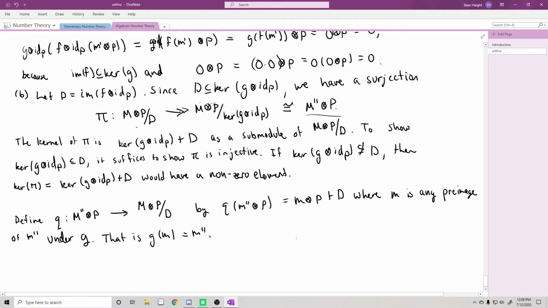So there are a couple of questions, like, why is this thing well defined? I guess first you should check that it doesn't matter which preimage of M double prime I pick.